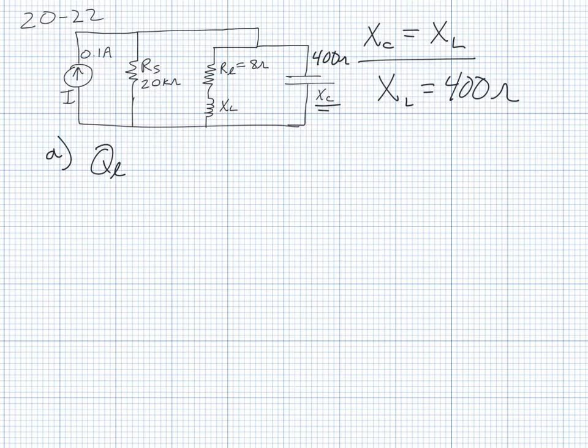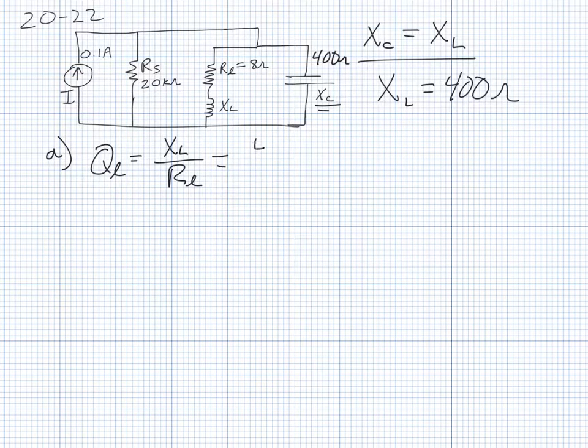Our Q for the inductor is going to be the reactance for the inductor, all divided by the resistance of the inductor. And again, these are the values. When we use these values, we're looking at the values in this series branch. Okay, so let's get going here.